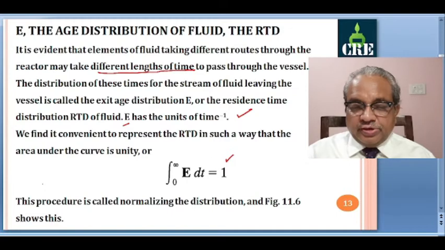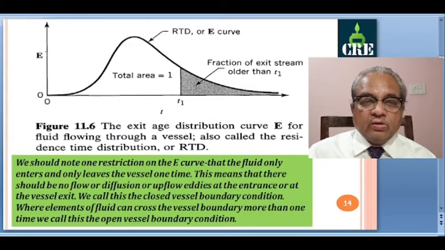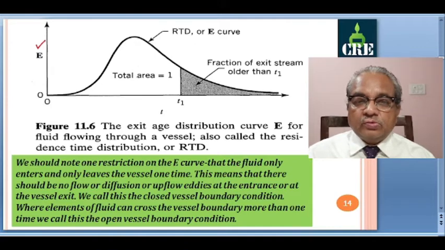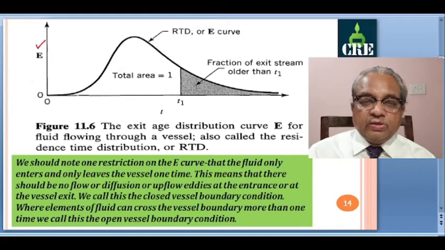So you can see here exit age E unit is time inverse, this t is time. So time inverse into time is dimensionless, and this normalized distribution gives the area under the curve as unity, 1.